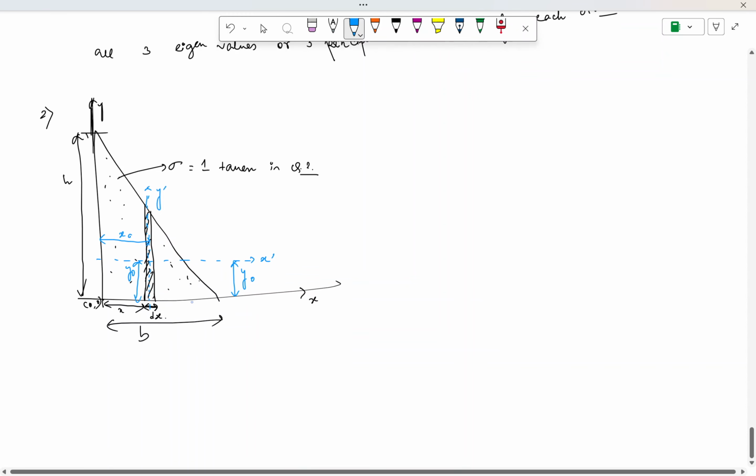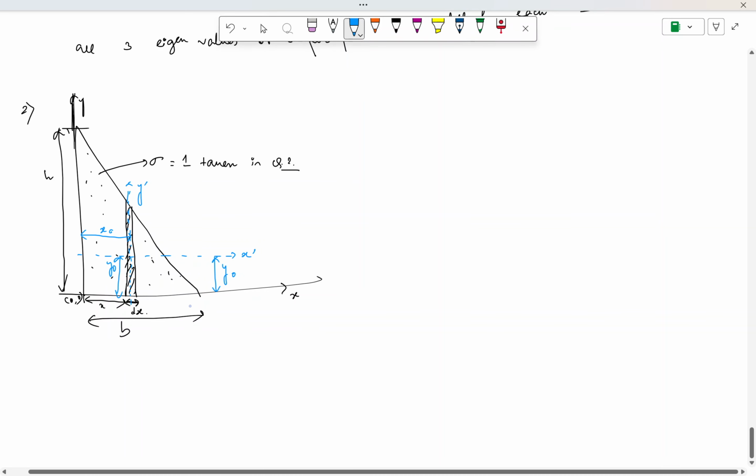Let us choose that. For the moment of inertia problem, it is very important to find a particular small elemental area so that the whole calculation becomes simpler. That we have already done.